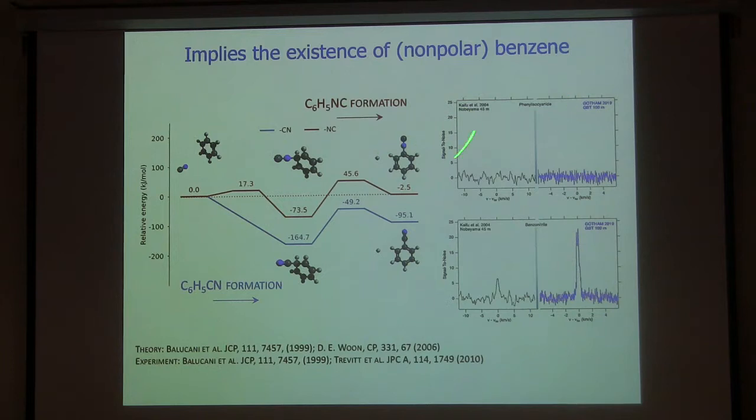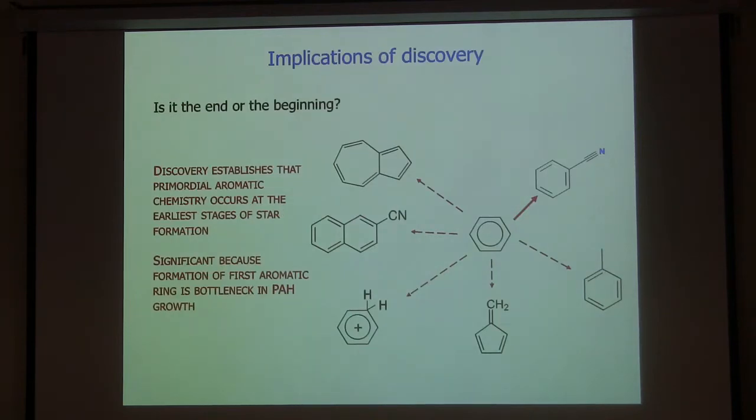So the point being that the existence of this in the source tells us that this is barrierless. All right. So then the question is, is this the beginning or is this the end, so to speak? Is this just a one-off experiment, a one-off detection where we have cyanobenzene, or is it possible now that there are other ring molecules we should be looking for? Right. So it certainly establishes unambiguously that aromatic chemistry occurs, or at least exists in the source.